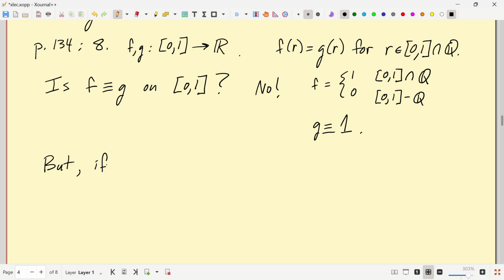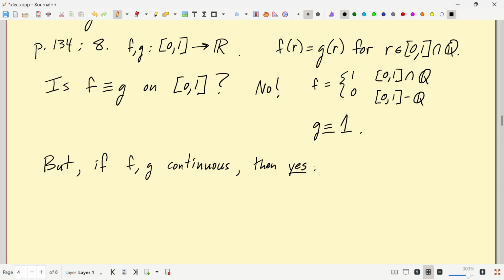But if F and G are continuous, then of course the rational numbers pile up everywhere. And so if somebody asks you to demonstrate this, but if F and G are continuous, then yes.